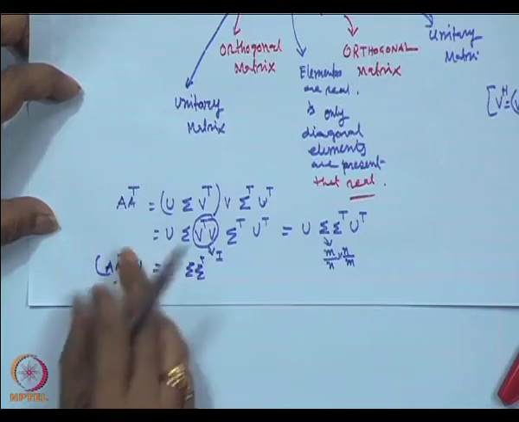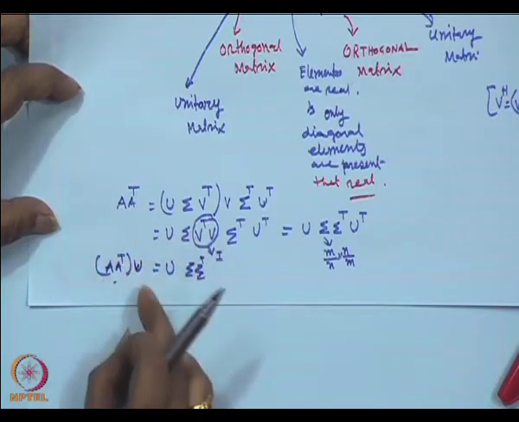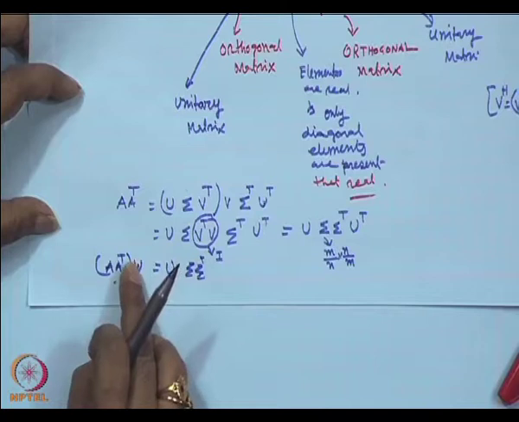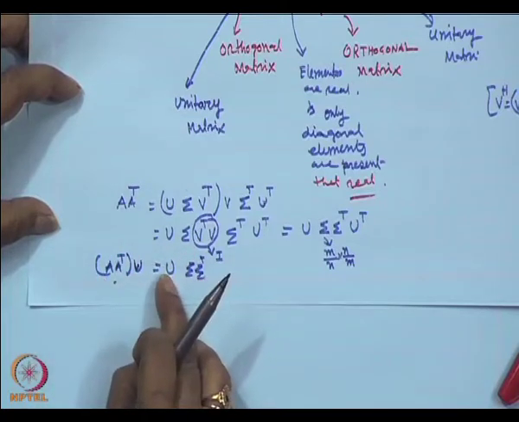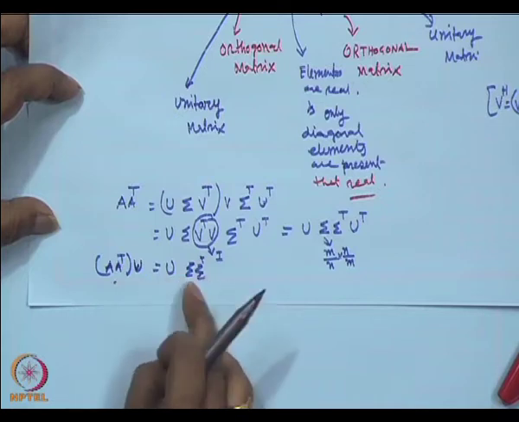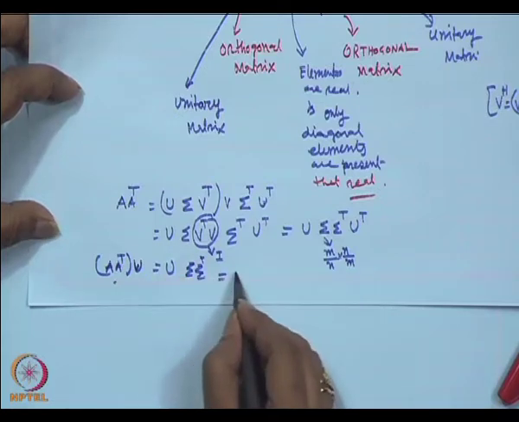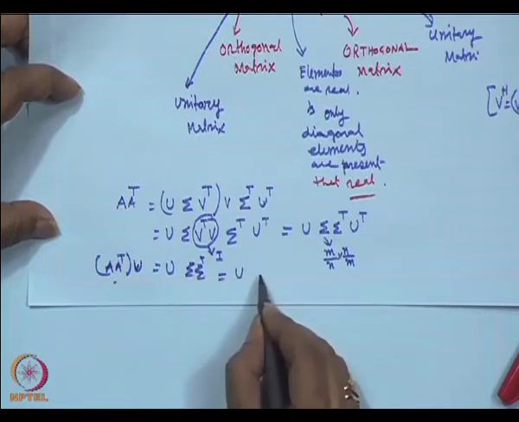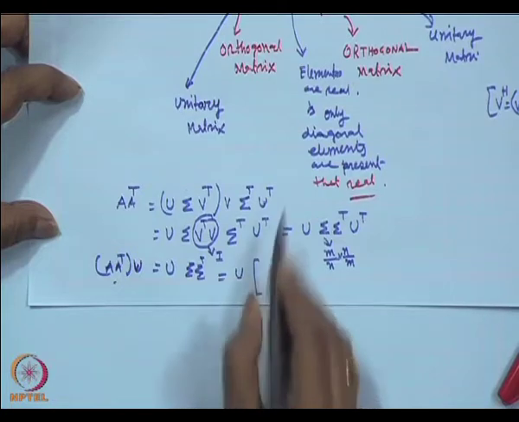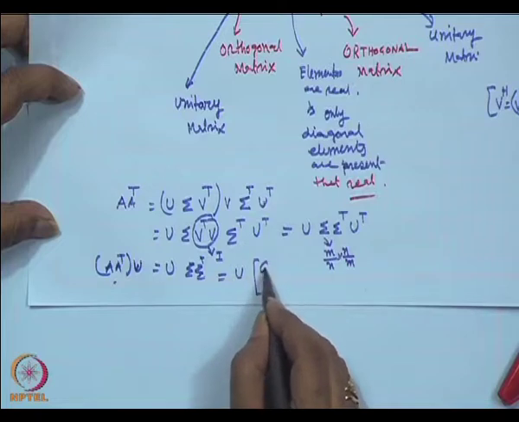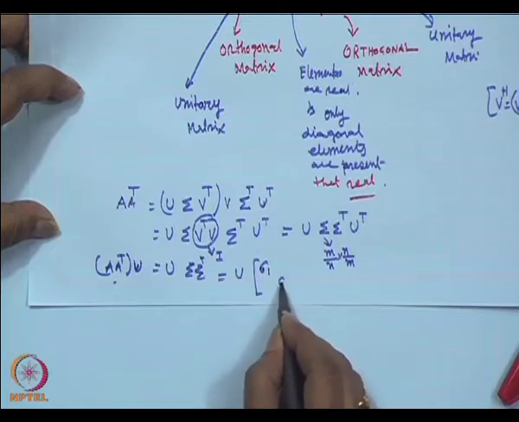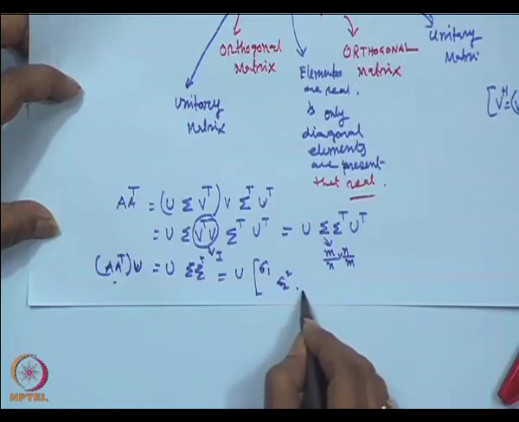Now, see, A is a matrix, this whole thing is a matrix multiplied by the vector, U is a matrix, each column. Then what you will get is U into, as I told you, only the diagonal elements, sigma 1 square, sigma 2 square, in this way.